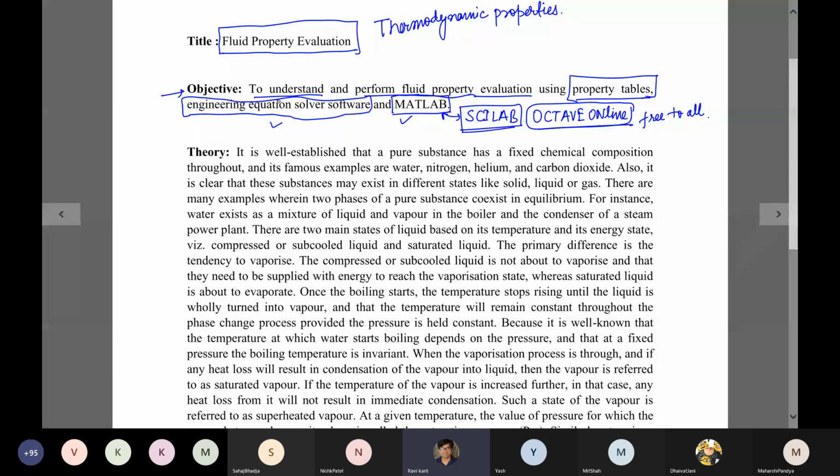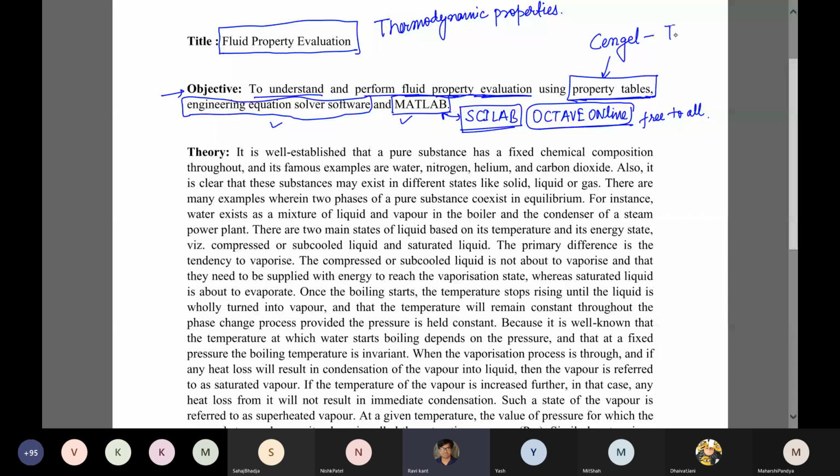Property tables you may get in any textbook, such as Cengel, Introduction to Thermodynamics. So this is the book. I have an ebook also. I can share it with you on WhatsApp.